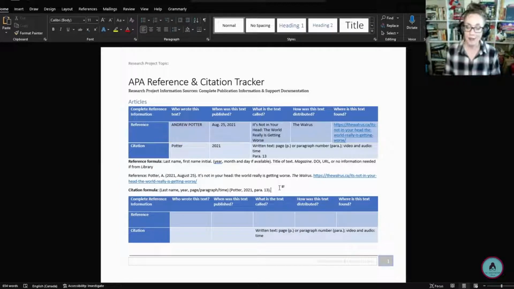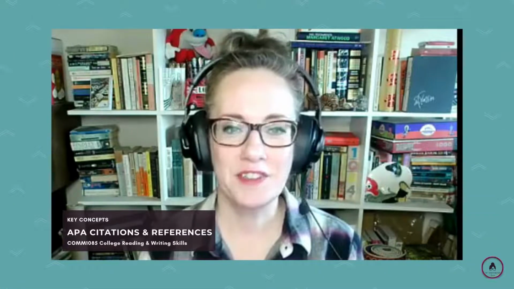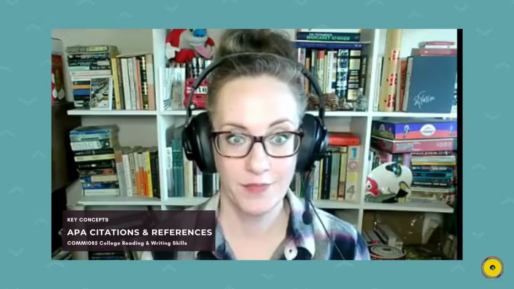Now, our next step is integrating those quotations effectively into our writing, but I'm going to save that for another video. When conducting research for this class or others, make use of a resource tracker and the APA at Conestoga website.